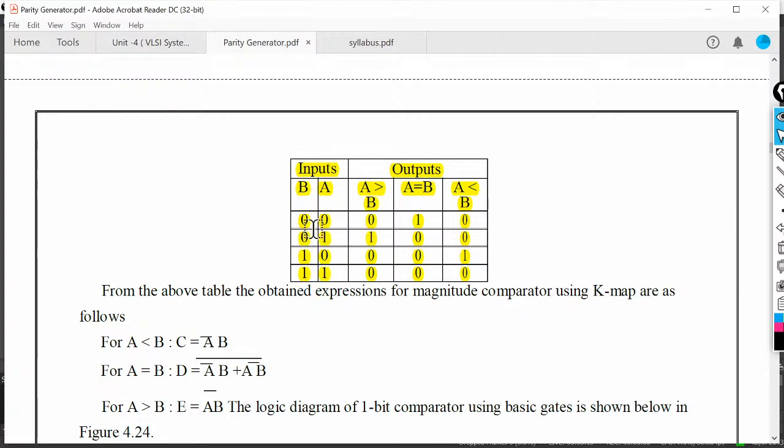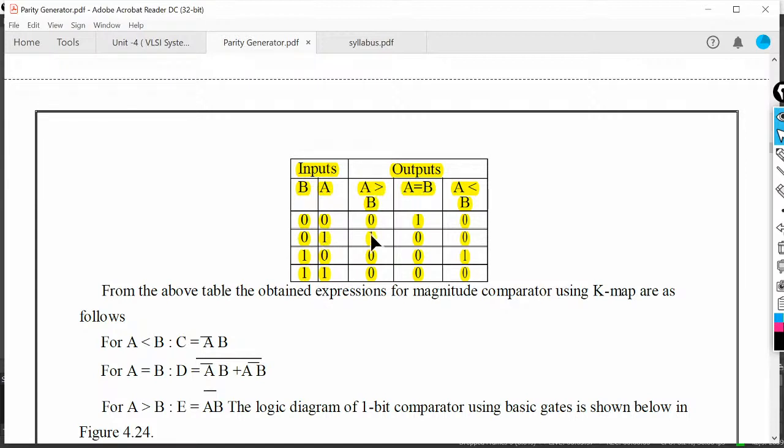If you take the first combination, 0 0, the a bit and b bit are equal. So at that time, on the output side, the a equal to b output is active, and the other outputs are inactive. In the second combination, you can see a is 1 and b is 0. It means that a is greater than b.